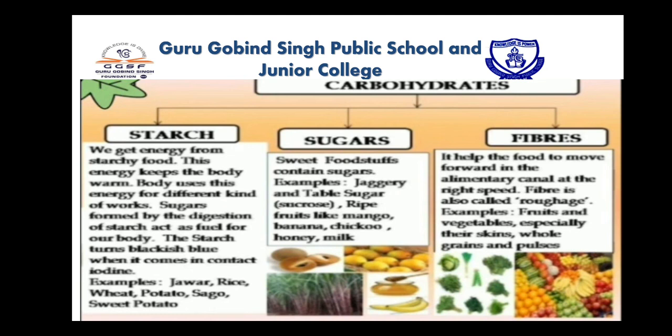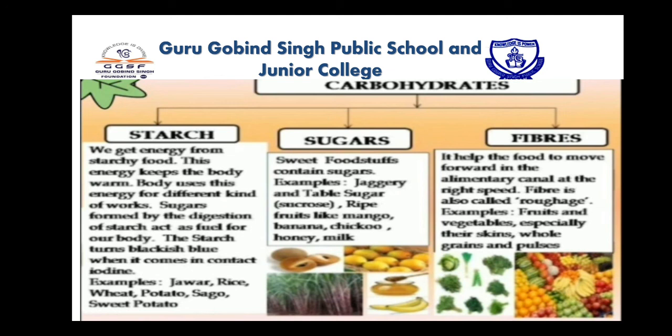So, students, let's see what we have learned today. We learned the first constituent of food, that is carbohydrate, and it is divided into three types. First one is starch, sugar, and fiber. From starch, we get energy from starchy food. This energy keeps the body warm.